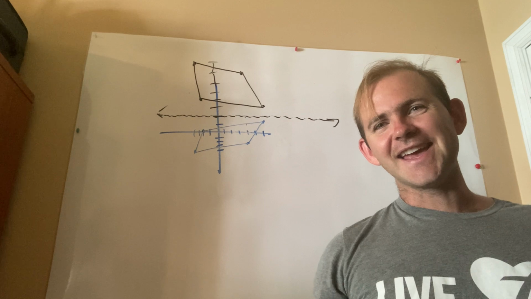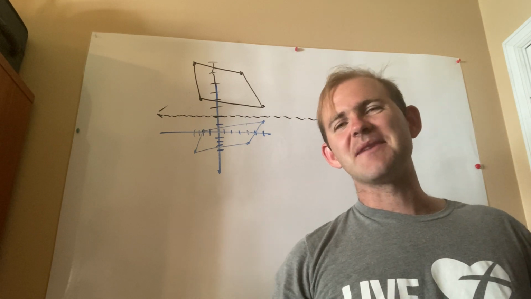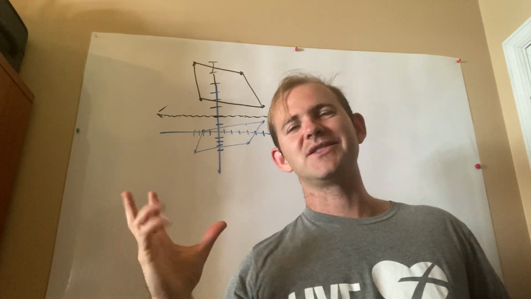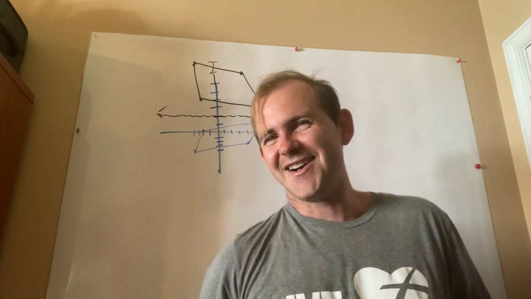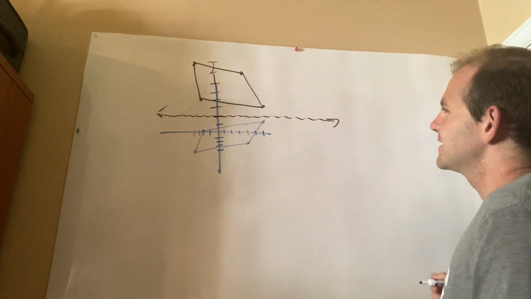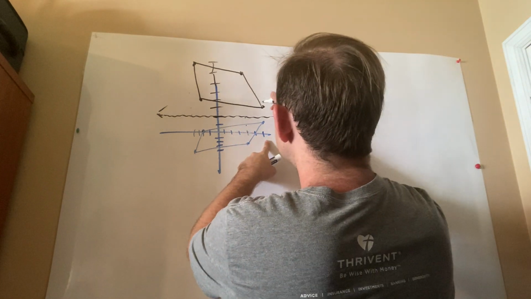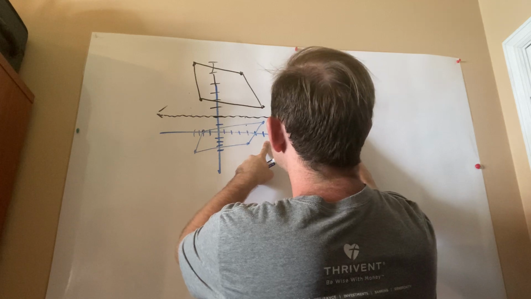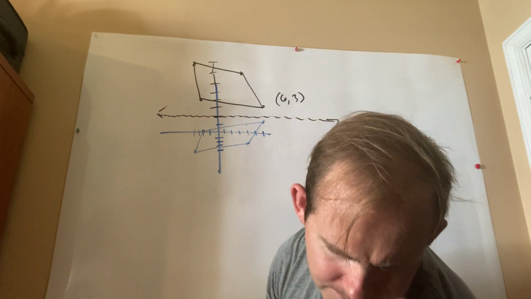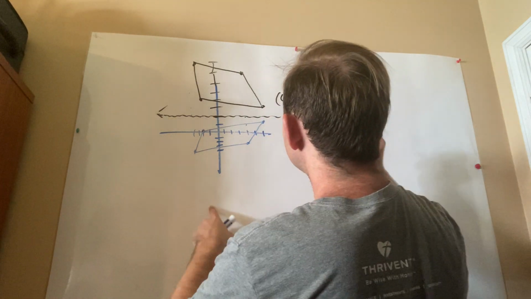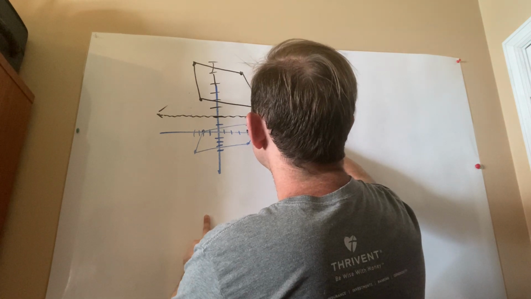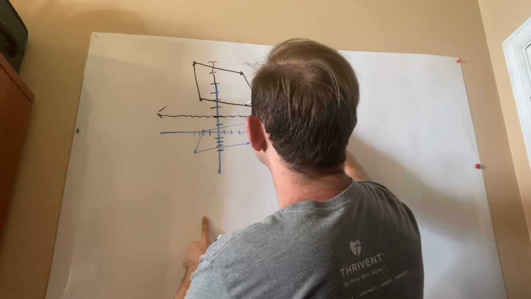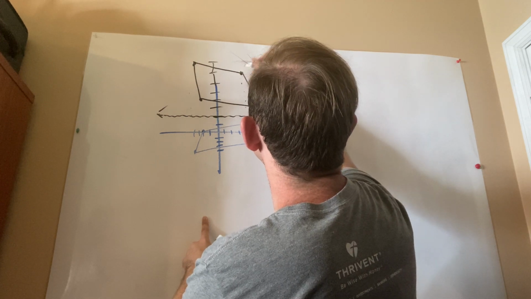But basically, as long as you simply remember that when you perform a reflection, it's the same distance away from the line of reflection on both sides, all you got to do is count. So over here, I think that this new point would be, what is that? 6, 3, right? Yeah, 6, 3. This one would be, let's count, 2, 3, 4, 5, 6, 7.